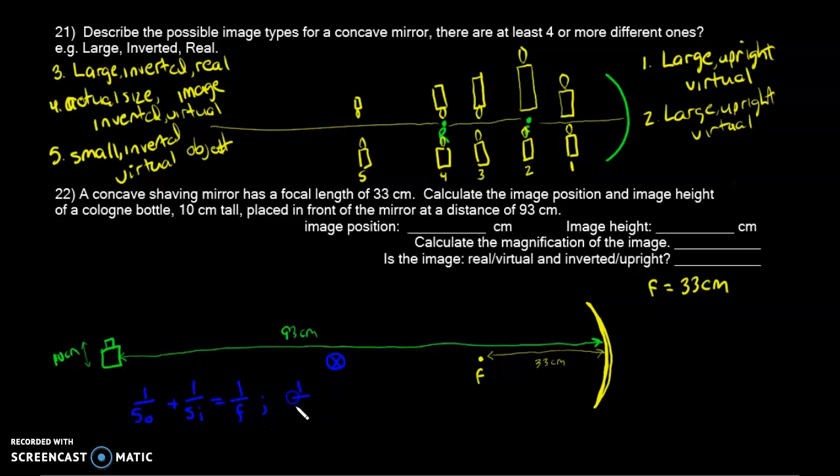So what I get is 1 over 93 plus 1 over SI equals 1 over 33. So if we do the math here, 1 over SI equals 1 over 33 minus 1 over 93. 1 divided by 33 minus 1 divided by 93.